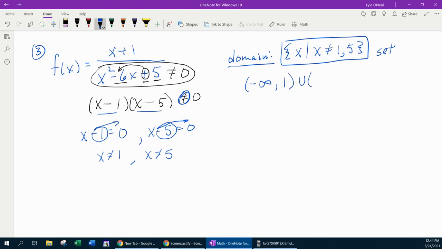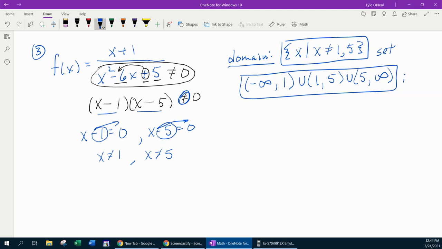And then we're going to skip over 1 and keep going to 5. x can be anything from 1 to 5, not including those values, or anything bigger than 5 to infinity. So this is the way the domain would look in interval notation, showing that we're going to skip 1 and 5. Anything from minus infinity to infinity, except for these two values.